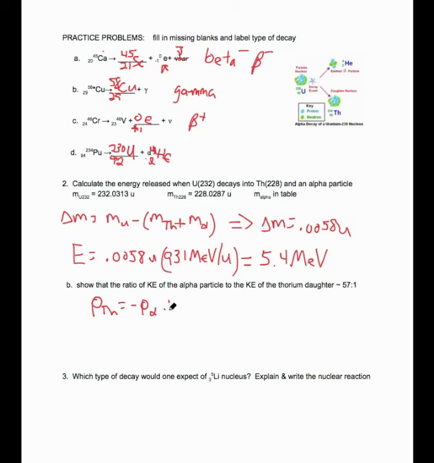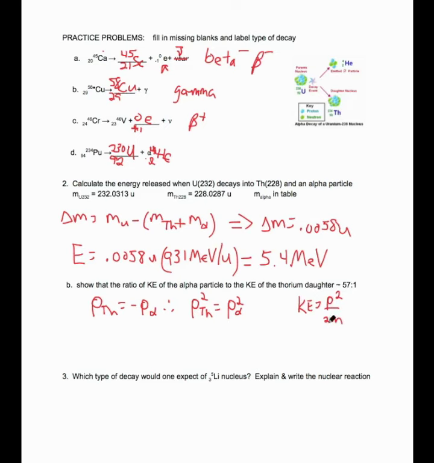Therefore, if we square both of them, we can say that P thorium squared equals P alpha squared. Now, why do I want to square that? Because we can relate momentum directly to kinetic energy. In other words, from mechanics, we know that kinetic energy is P squared over 2m.